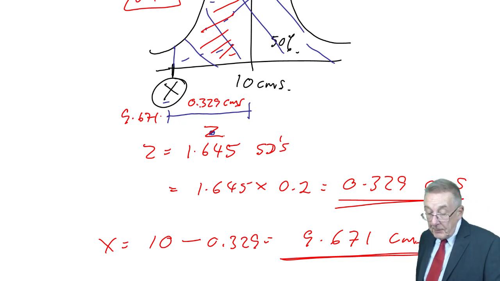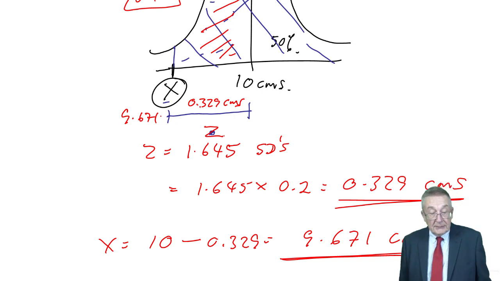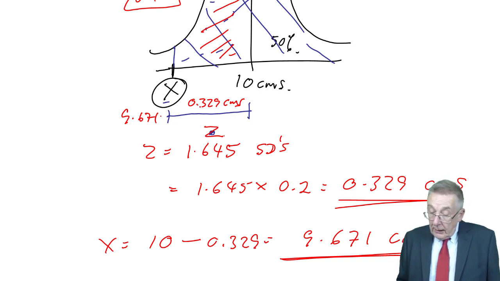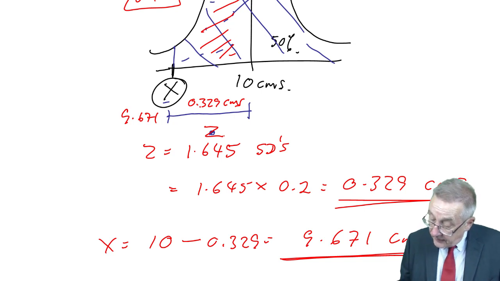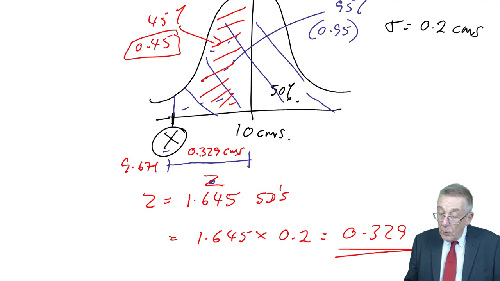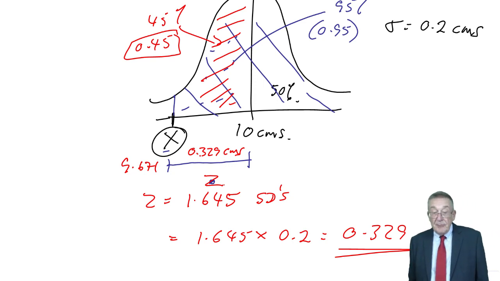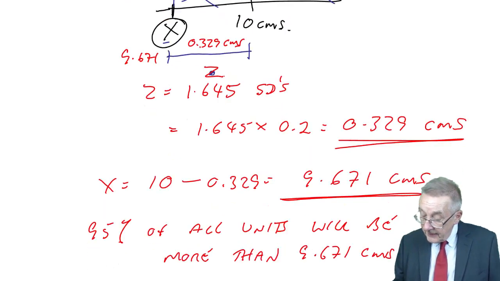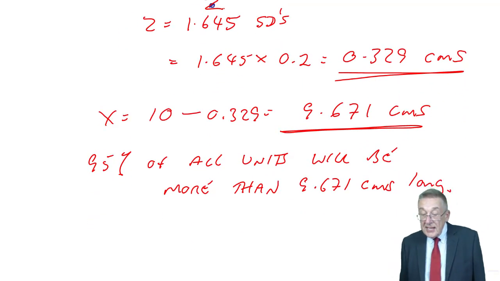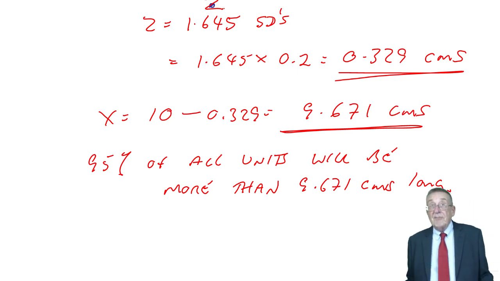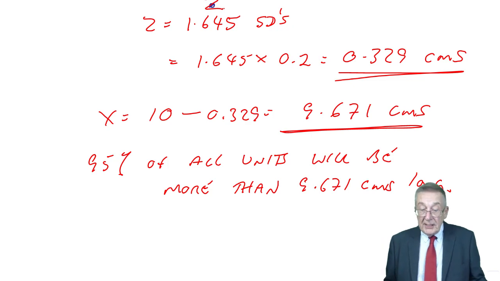We know that the proportion between 9.671 and 10 was 45%. We know that more than 10 is 50%. So we know that in total 95% of all units are longer than 9.671 centimetres. And there we are, that's normal distribution.